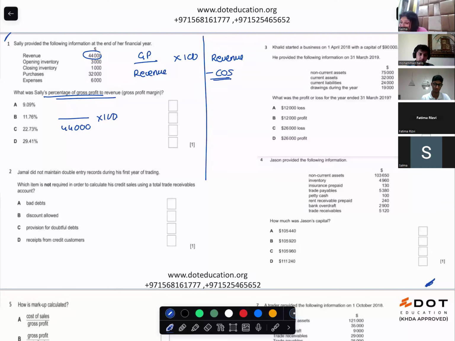How will I get gross profit? Revenue minus cost of sales. How will I get cost of sales? Opening inventory plus purchases minus closing inventory. What is cost of sales? 35 minus 1, 34,000.